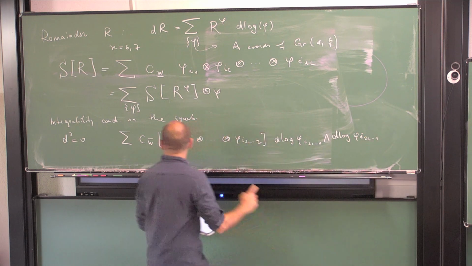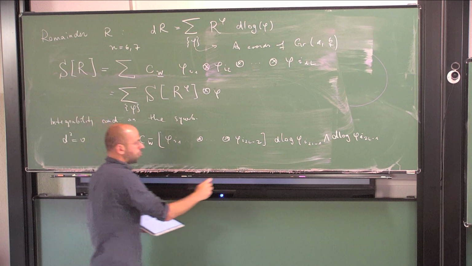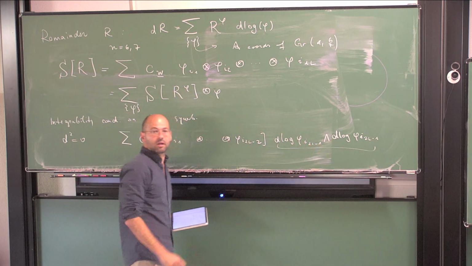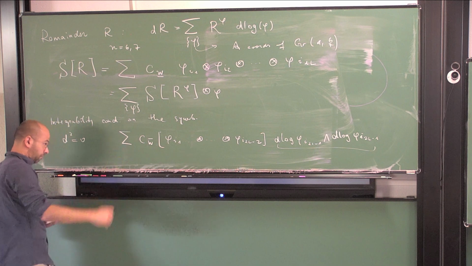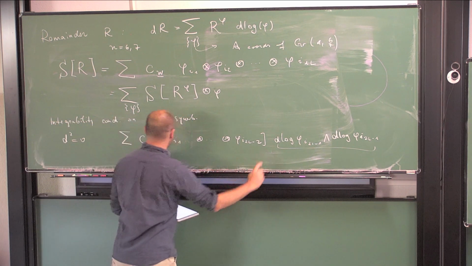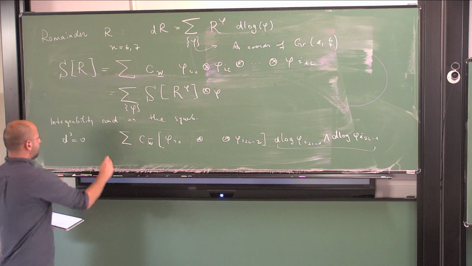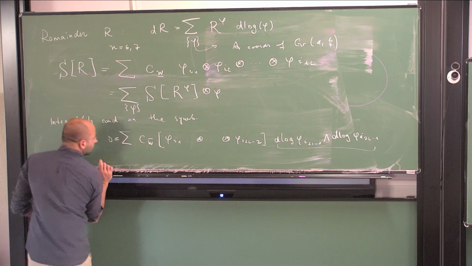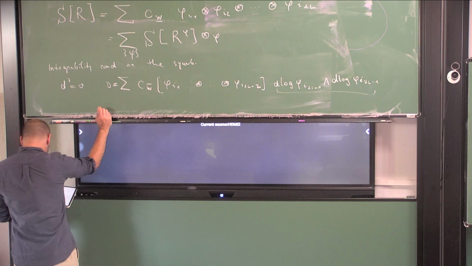And you have an equation for these coefficients for each independent two-form and this prefactor, and this needs to be satisfied, so this needs to be 0. Okay. Well, this is the first step in symbol bootstrap.